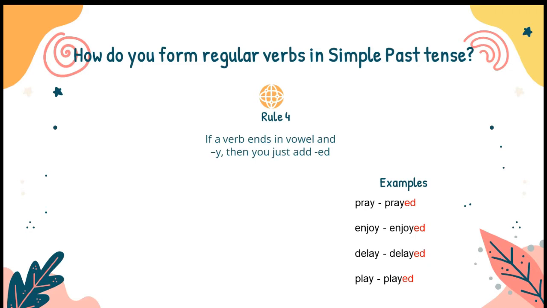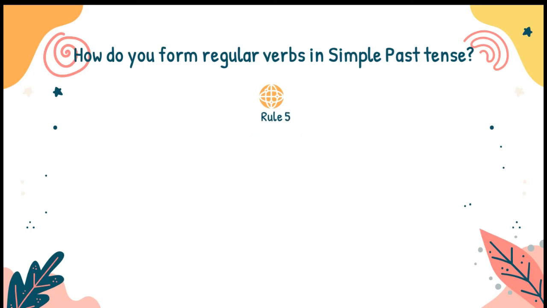Now, yes, we still have one more rule. Stop becomes stopped. Plan become planned. Hope become hoped. So, what is the rule? Look at that. There are double P, double N, and double P as well. So, what is the rule, do you think?